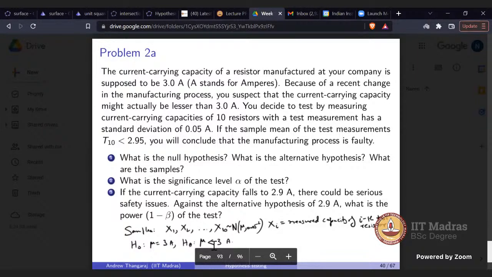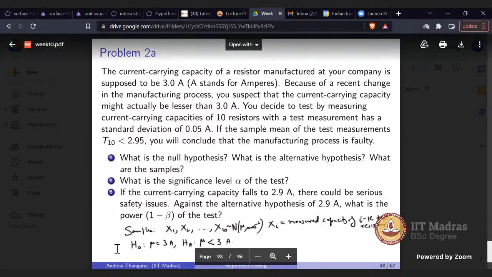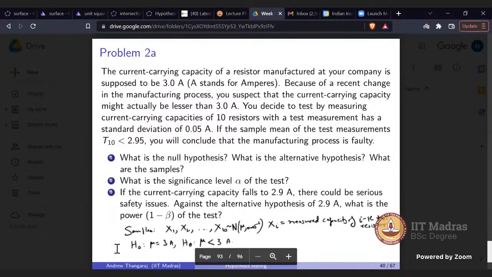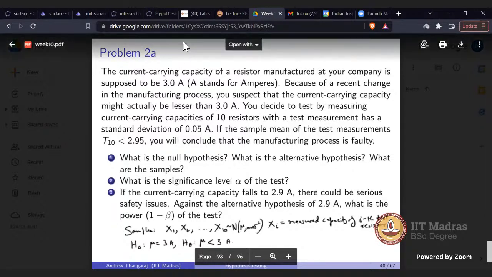If it is less than or equal to 3 ampere, again it can take any value. There is no certainty what mu is. So generally we assume the null is the simple hypothesis. Yes, okay. This is clear. From our workings, we have always chosen the simpler.